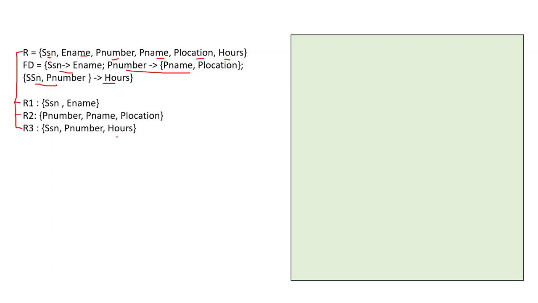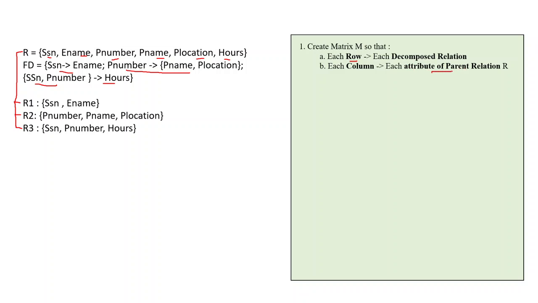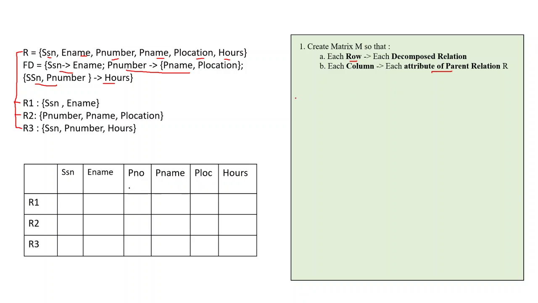So let's get started. The first step is to create a matrix M such that each row represents each decomposed relation and each column represents each attribute of the parent relation R. See here, each row is created corresponding to R1, R2 and R3, the decomposed relations.